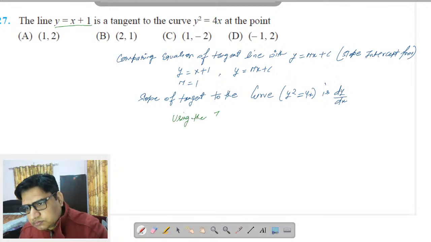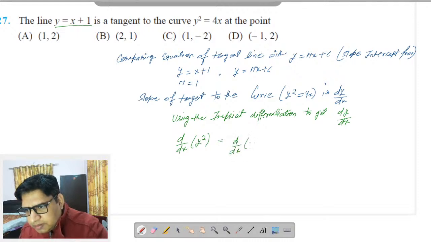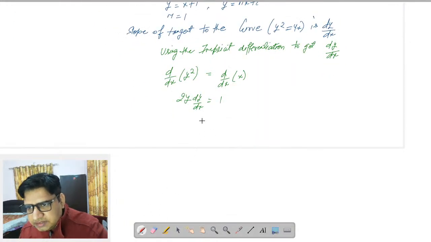Using implicit differentiation to get dy by dx: dy by dx of y square is equal to dy by dx of x. So that will be 2y dy by dx is equal to 1. So dy by dx will be equal to 1 upon 2y.